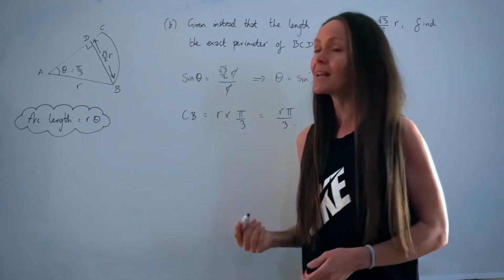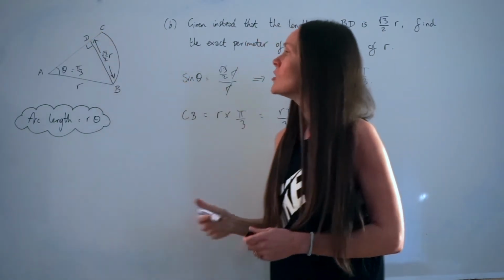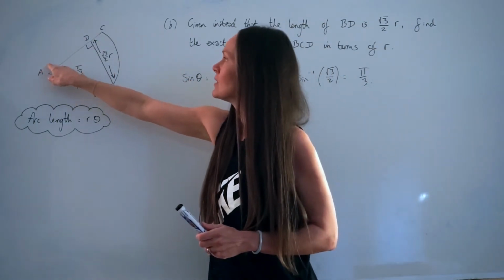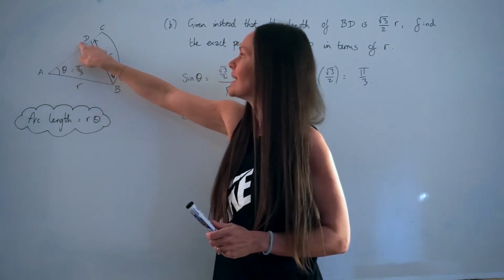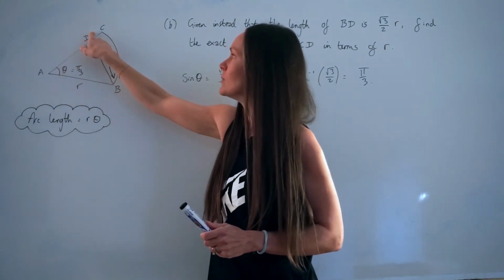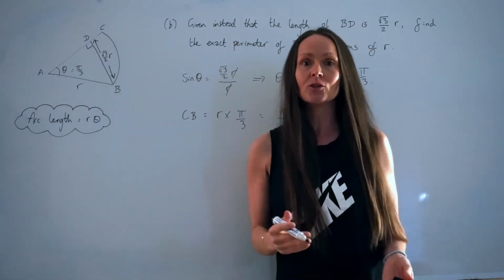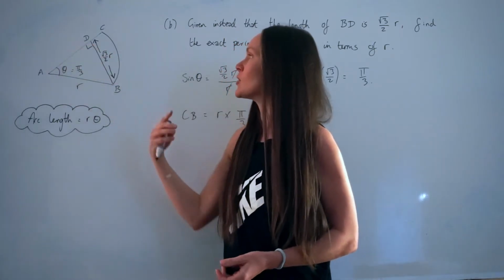All that's left to work out is this little distance here, CD, okay? I can work out this length, CD, by taking the radius, so the entire length here, and subtracting the length AD. That will leave me with this little bit here. So I'm going to use that method that I used earlier to write down the length AD in terms of r.